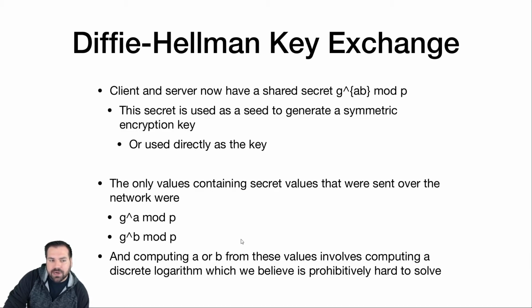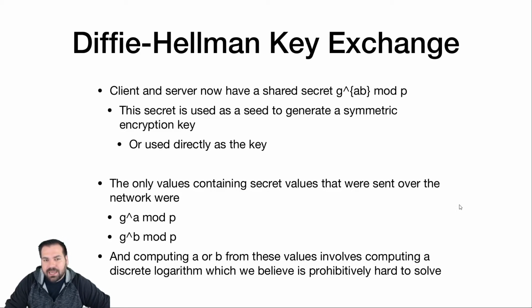To be able to generate it, they'd have to solve the discrete log problem, and we're going to make sure these values are large enough that that's infeasible. So even with both of these values, an attacker can't compute g to the ab mod p. So this is one way that we can exchange keys in a mathematically secure way.